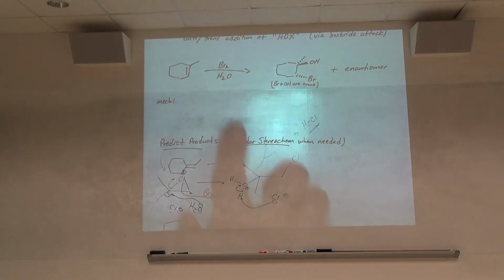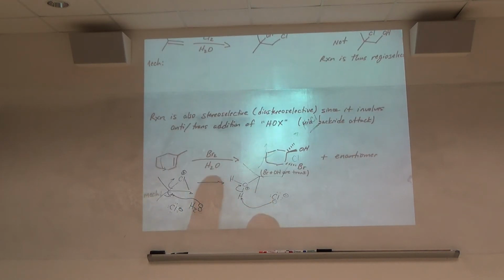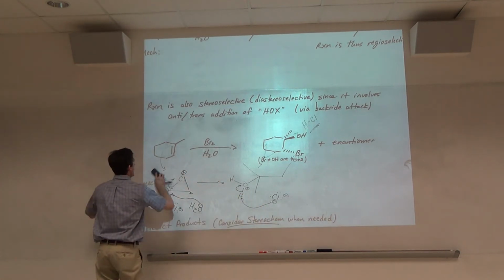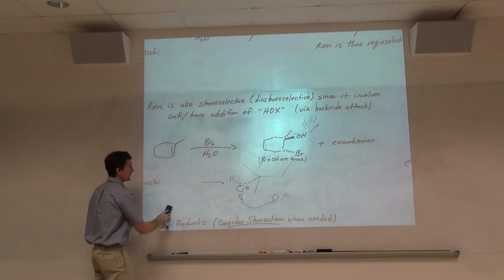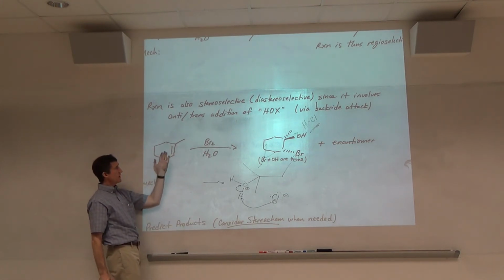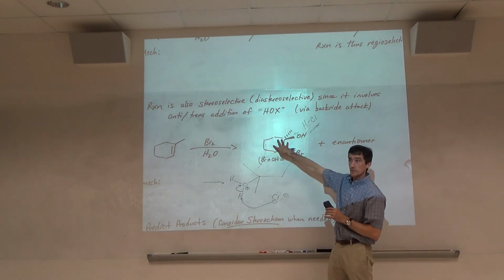Predict the products below. First let's do this one. We have a ring here, bromine in water. First off, we know we're going to make a bromohydrin. So on a flashcard, you can maybe show this with no product on the backside or something.